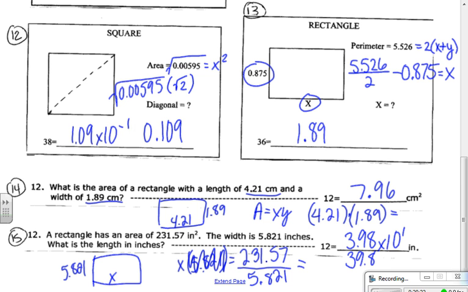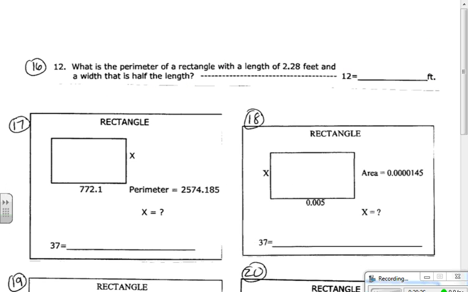Okay. Let's move on to page 3. What is the perimeter of a rectangle with a length of 2.28 feet and a width that is half the length? So we know that our length is 2.28, and we want to find the width, and it says the width is half of the length. So we're going to have to divide our 2.28 by 2 to find our other dimension.